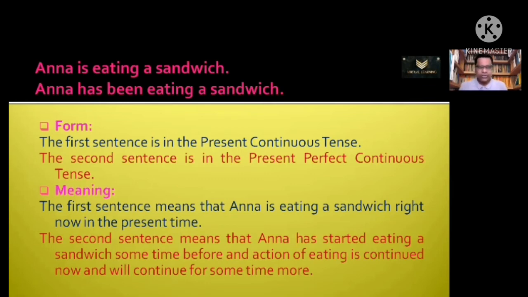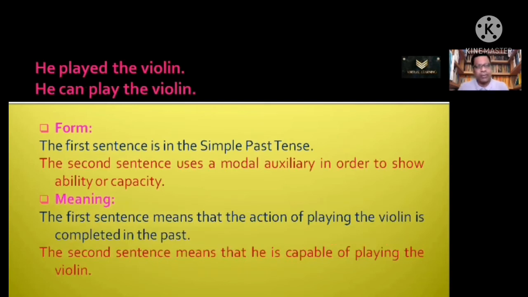So this is how, based on the form of a sentence, you should be able to derive the proper meaning of a sentence. And that's what you call form and meaning. One more pair on your screen. He played the violin. He can play the violin.